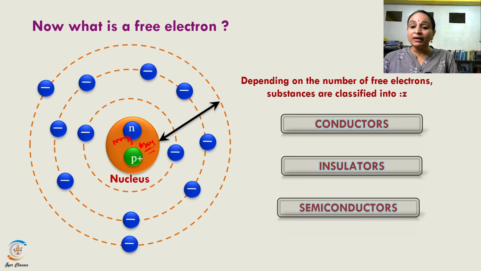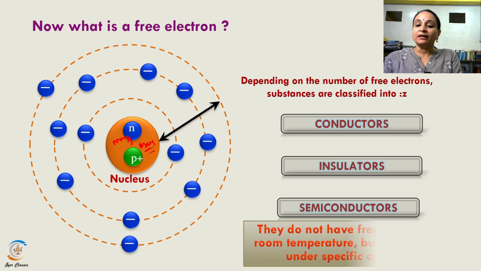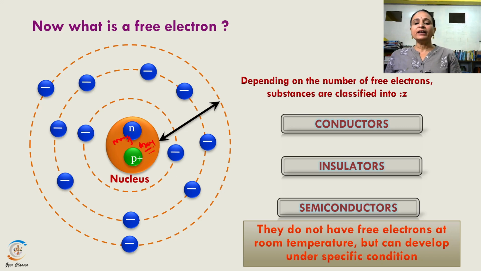And then the semiconductors, the third type of the substances. The conductivity is between the conductors and the insulators, and in the case of the semiconductors, they do not have free electrons at the room temperature, but can develop free electrons and also holes under specific conditions.